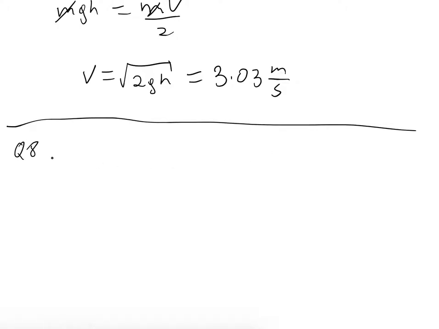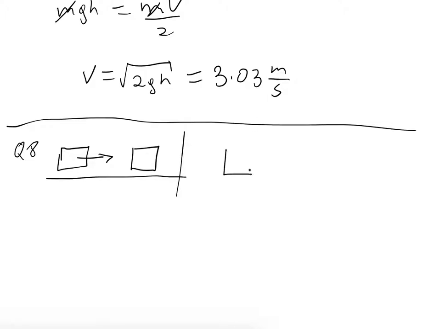Question 8 and question 9 are looking at the combination of conservation of momentum and conservation of mechanical energy. For question number 8, we're looking at a mass traveling at some speed, and it collides with another mass which is at rest, and afterwards both masses join together and travel at a speed.